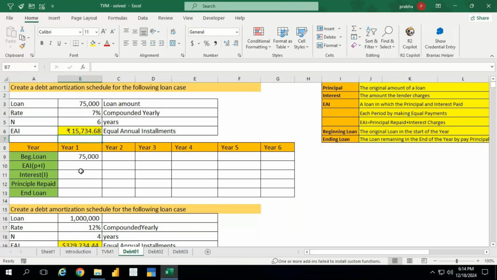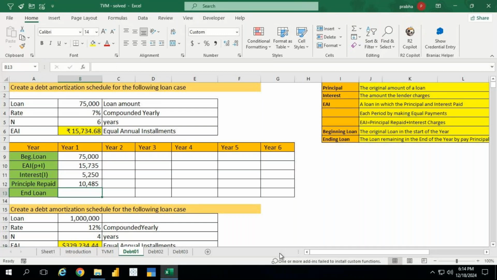Now interest: on 75,000, my rate of interest is 7%. So out of this 15,735, I am going to pay an interest amount of only 5,250. The remaining amount, EAI minus interest amount, is the principal: out of that 75,000, I am going to pay back 10,485.